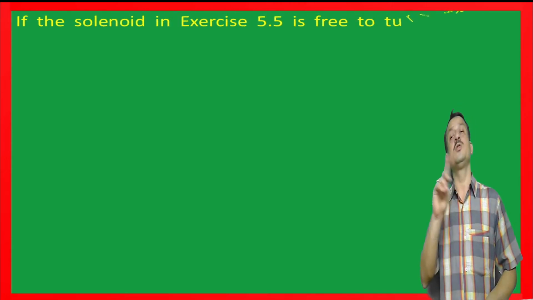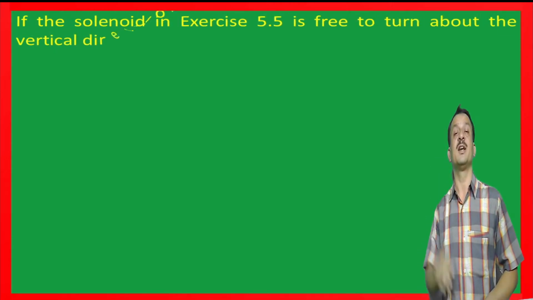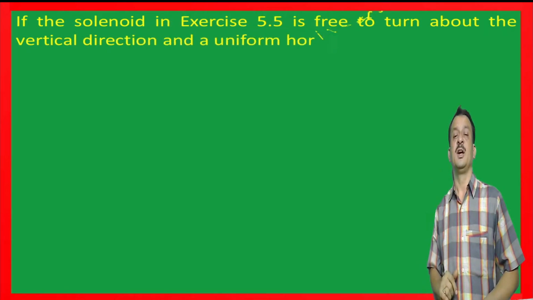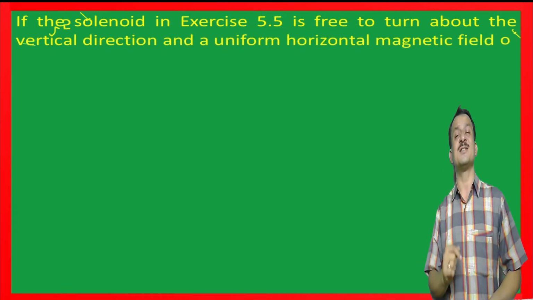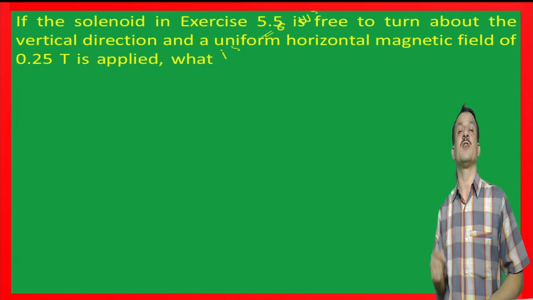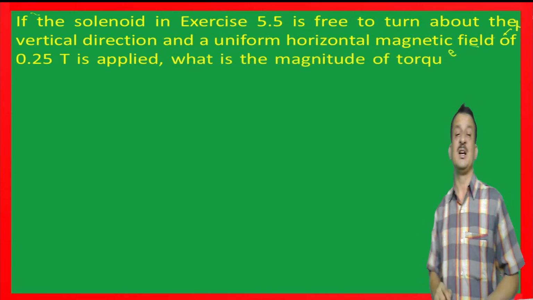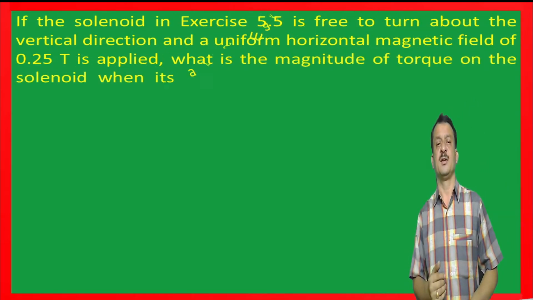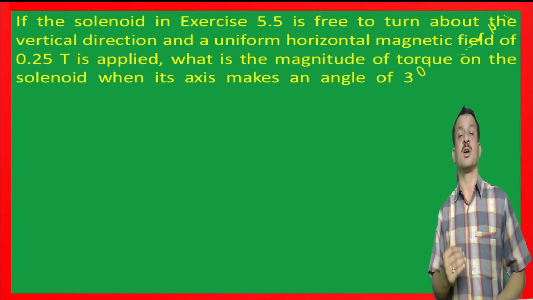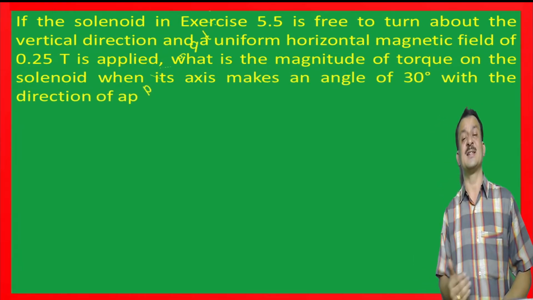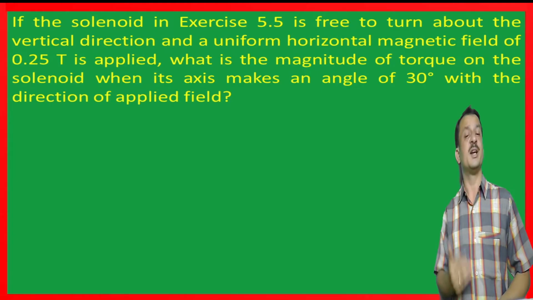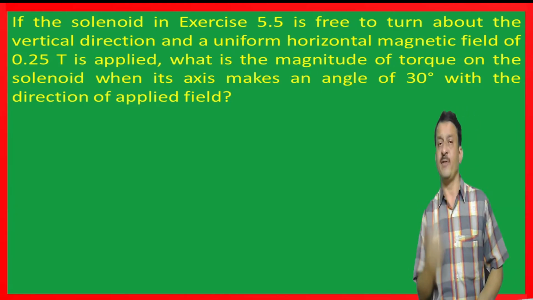If the solenoid in the previous problem, that is exercise 5.5, is free to turn about the vertical direction and a uniform horizontal magnetic field of 0.25 Tesla is applied, what is the magnitude of the torque on the solenoid when its axis makes an angle of 30 degree with the direction of the applied field?